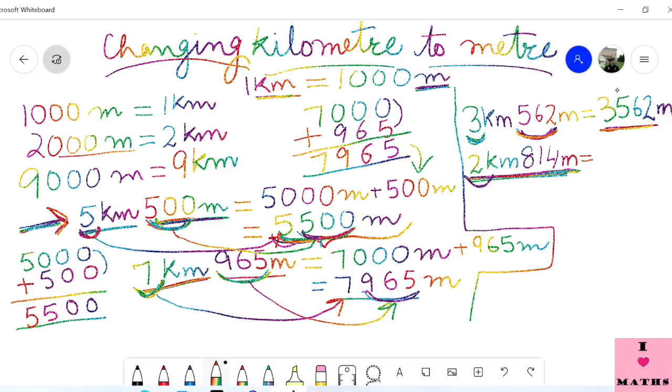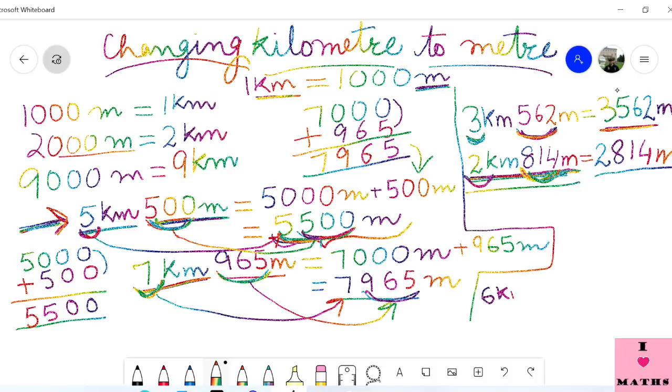So 2 I will take from here, 814 I will take from here and I will write 2,814 meters. So 2 kilometer 814 meter is equal to 2,814 meter.